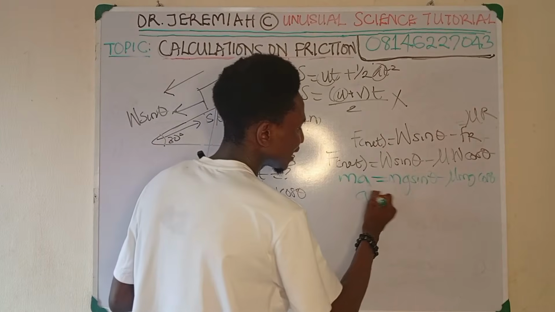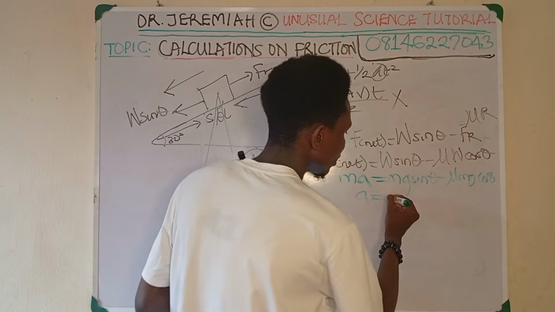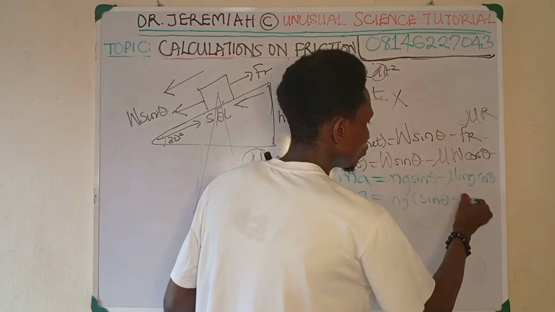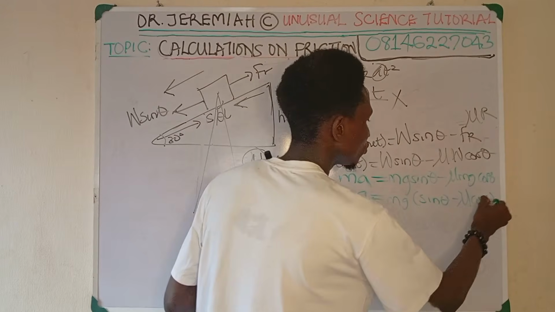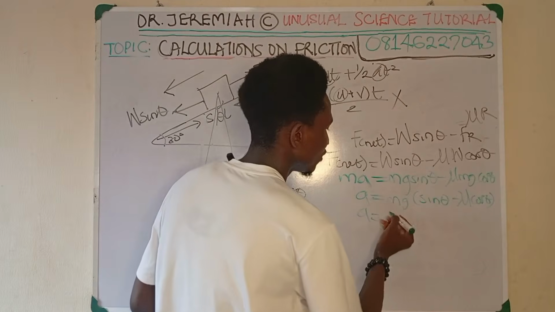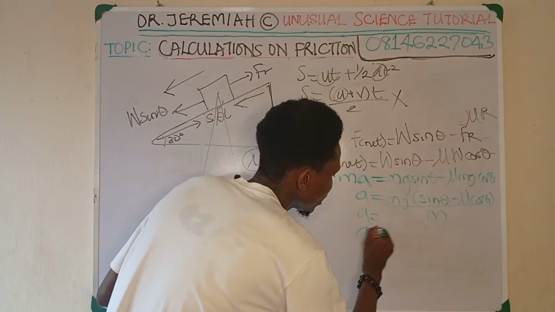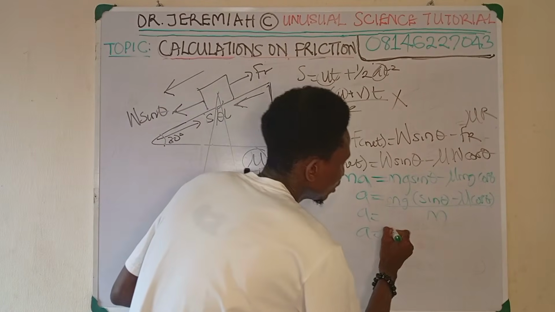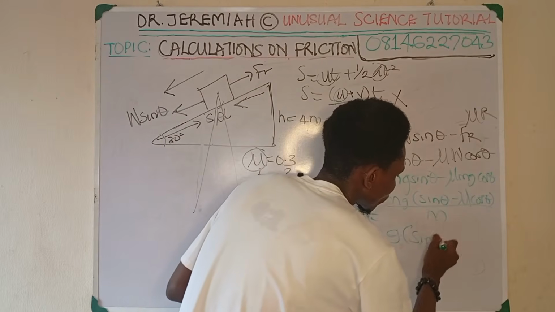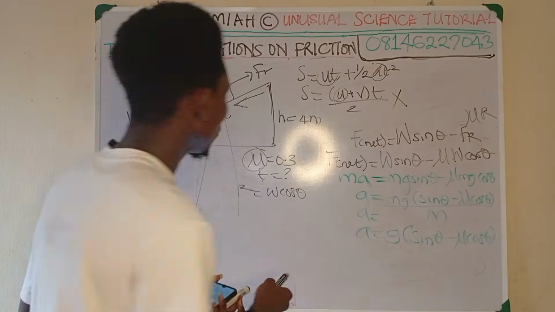We divide both sides by mass, so I'm going to bring out mg sine theta minus mu cos theta. If you skipped that part, please go back. If you divide by m, I'm going to get a equals g sine theta minus mu cos theta.